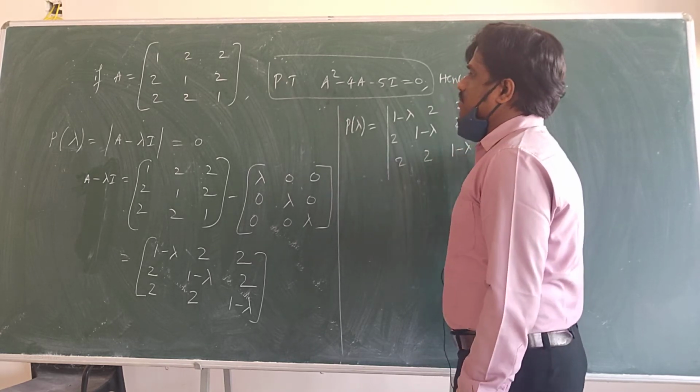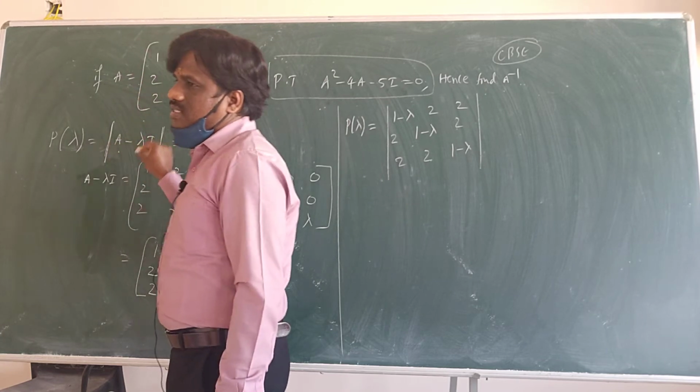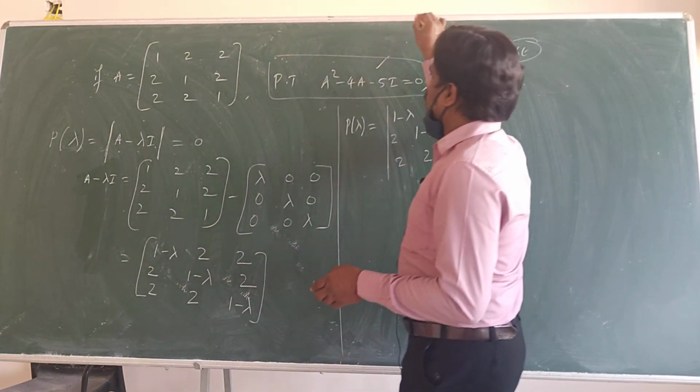Understood? So what you have to find now is exactly the polynomial in lambda. That is what you got here: [1 minus lambda, 2, 2; 2, 1 minus lambda, 2; 2, 2, 1 minus lambda]. It means you have to find the determinant of this. This is the determinant, no? The determinant of A minus lambda I will give you the polynomial.